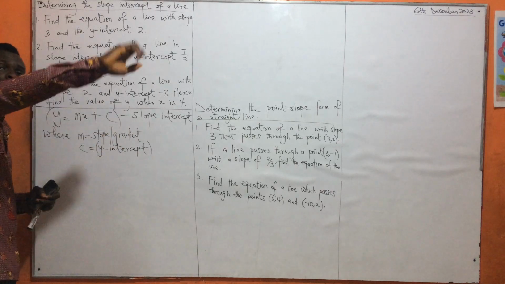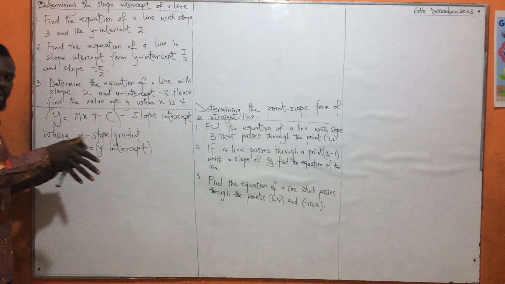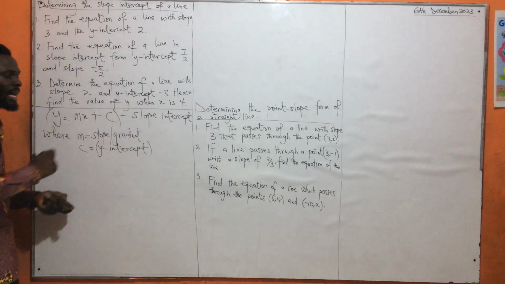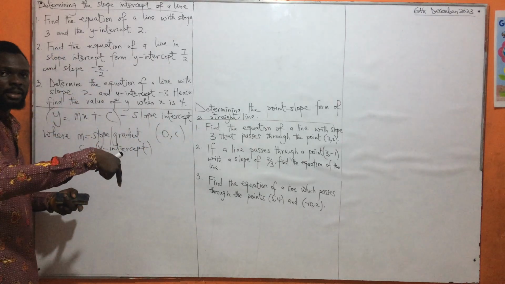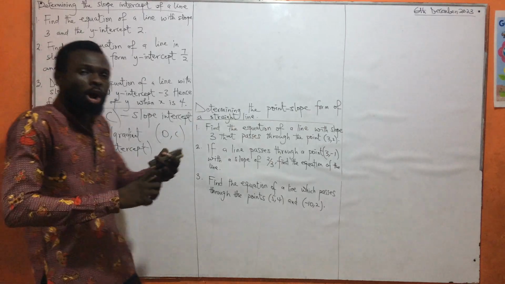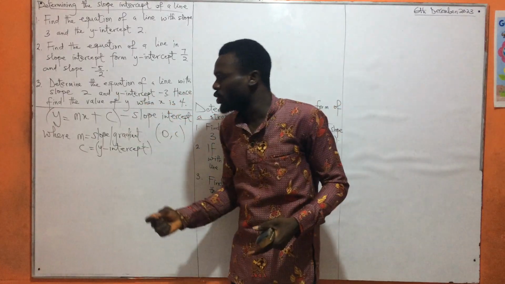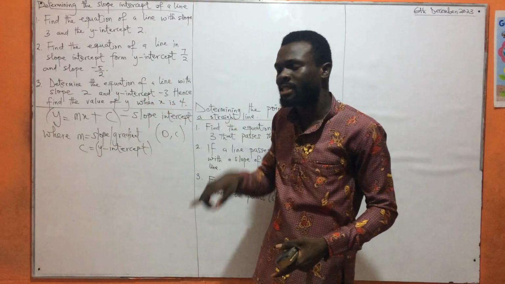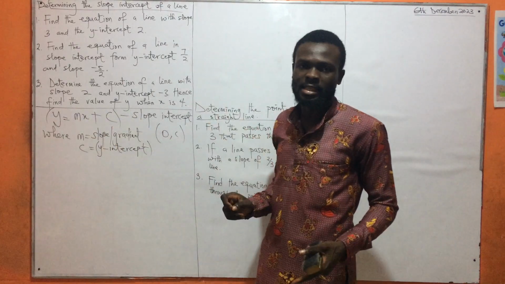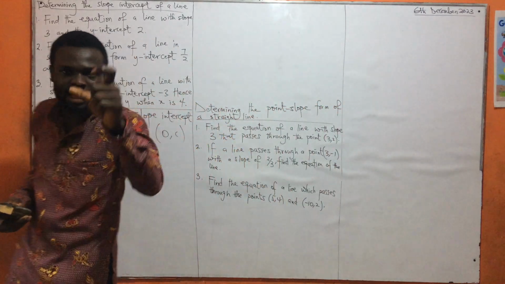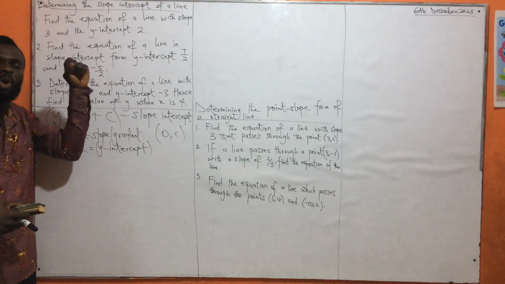When the line is drawn on a graph, where it meets the y-axis is the y-intercept. So the point is 0, c, where c is the y-intercept. When you draw a linear graph and notice that the line meets the y-axis at a point, that point is the c of the slope intercept. So when the equation of a line is given in this form, we say this is the slope intercept of the equation.